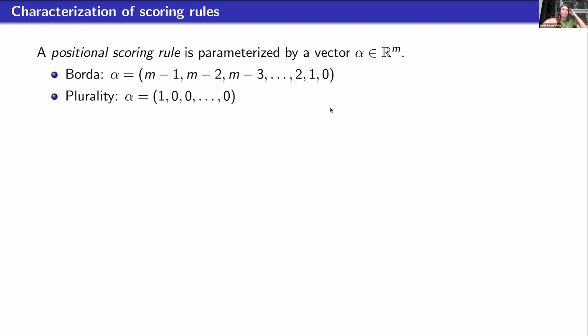Okay, and what we do in our paper is we actually characterize this for every scoring rule. We have a nice characterization that will tell you, given this vector, what is the query size that you need to compute it. And half of this work was actually done for us.